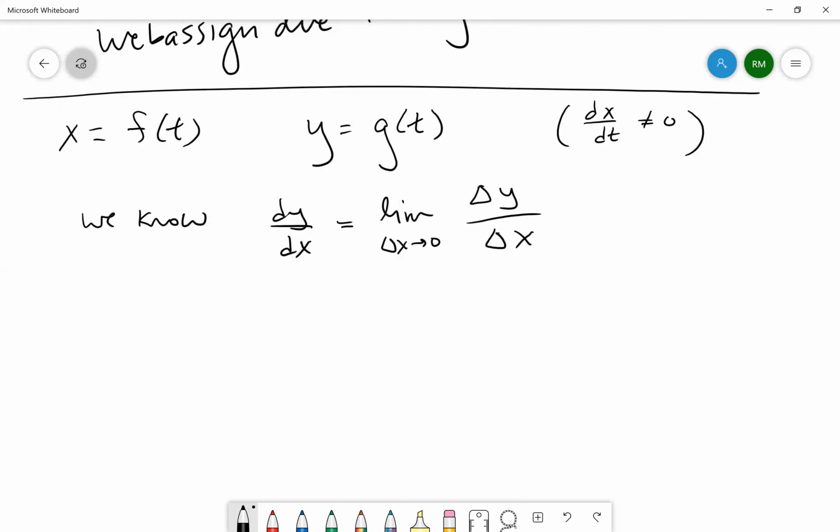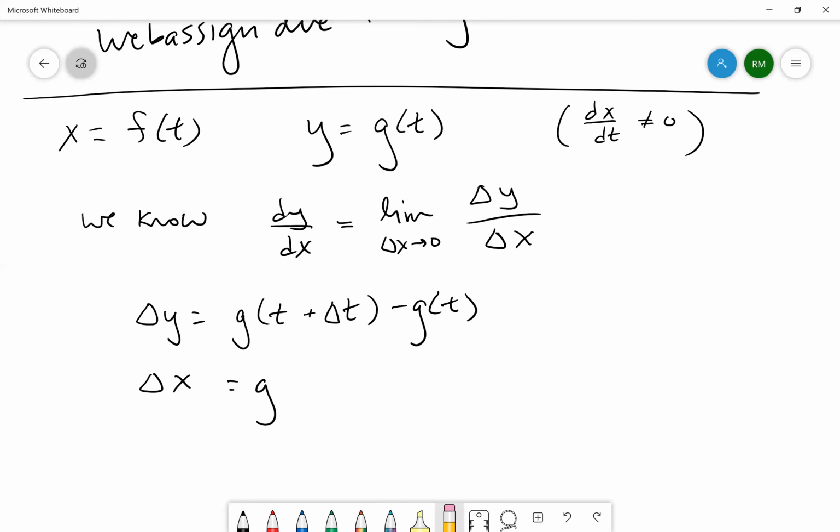So for us, the change in y is going to be the same as the change in my function g, and the change in x is the change in my function f. And we're going to do a little graph to show you what this looks like.